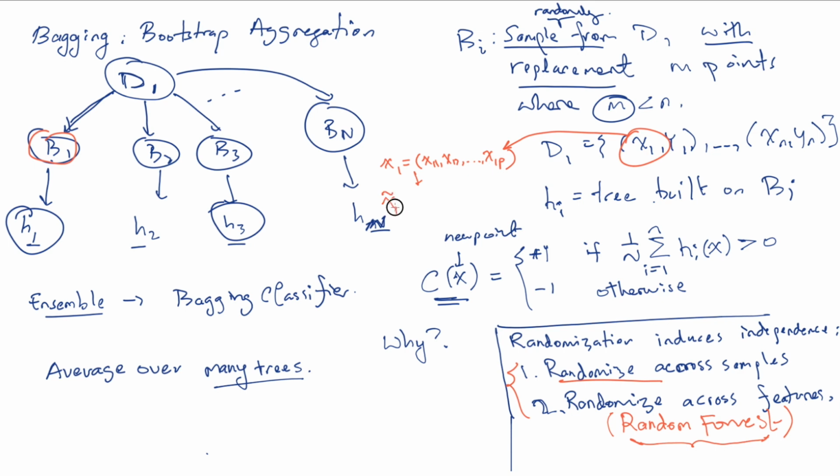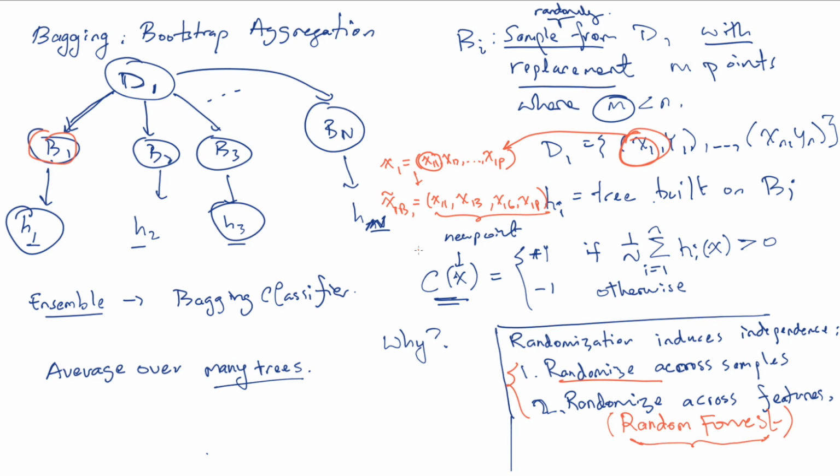Let's call this x1 b1. We're actually going to sample not only randomly from the data set, but we're also going to randomly sample across the features. So say I take x11, x13, and say x16 and x1p. So instead of building a model on the original features, I build a model on just 4 features.